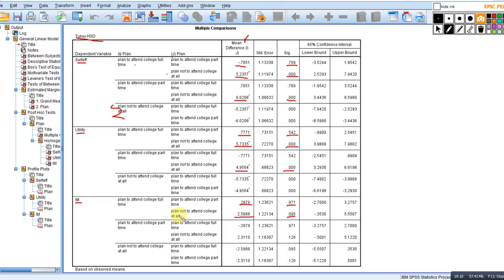And you also had no significant difference between the plan to attend college part-time and those who plan not to attend at all. So, as you can see right here, really we had pairwise mean differences emerge for some of the group comparisons on self-efficacy and utility, but not intrinsic motivation.